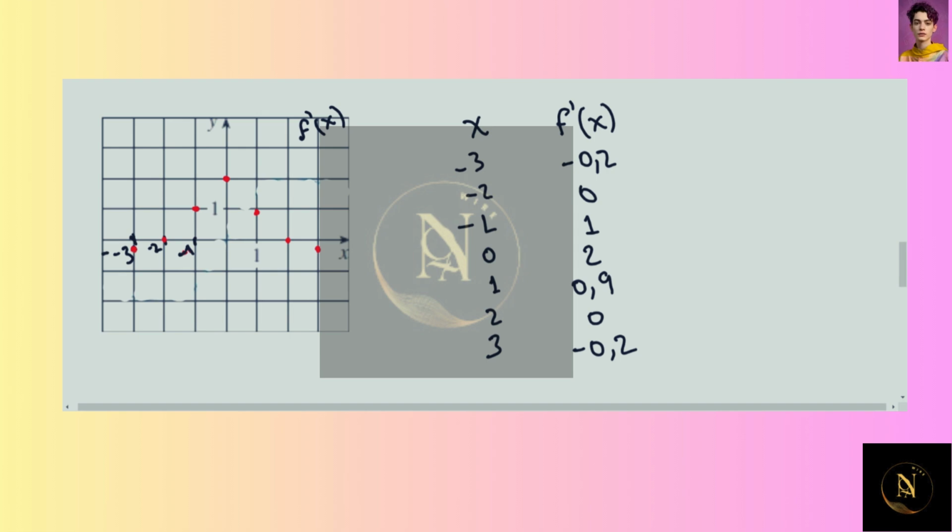So if we unify all these points, we obtain that this is something of this form. We cannot be sure exactly how the function is, but it's going to be some kind of this form. So this is the graph of the derivative of the function f of x that we started with.